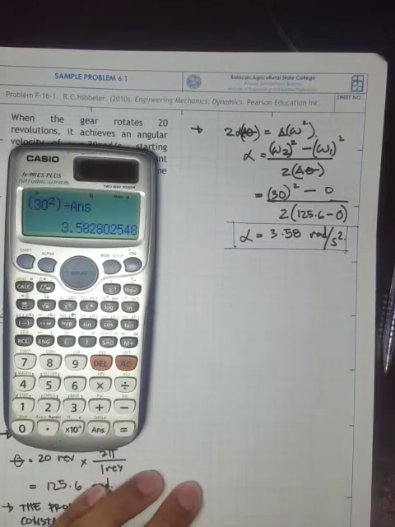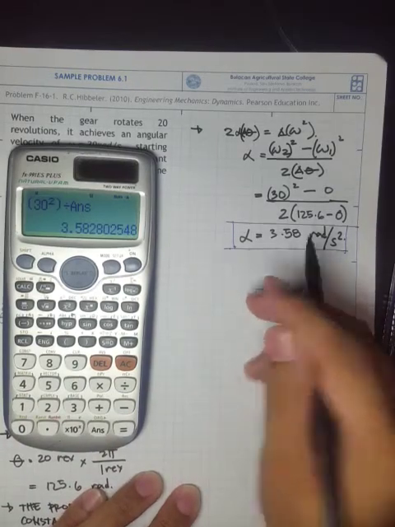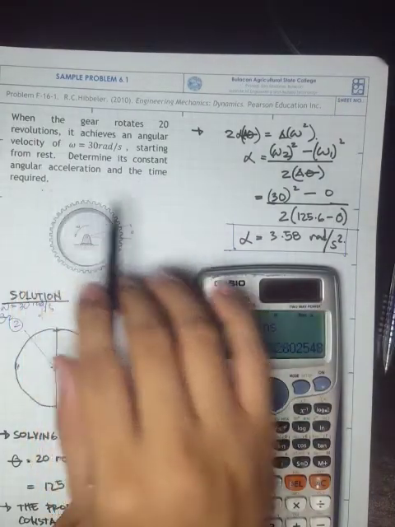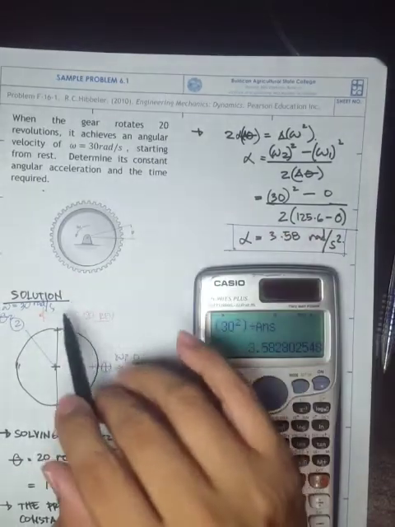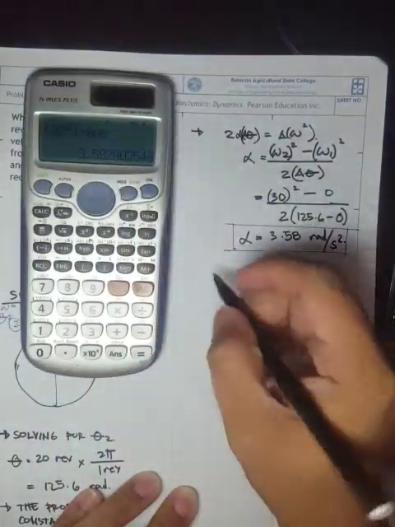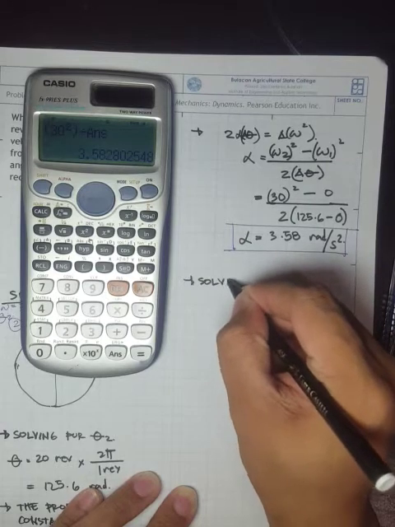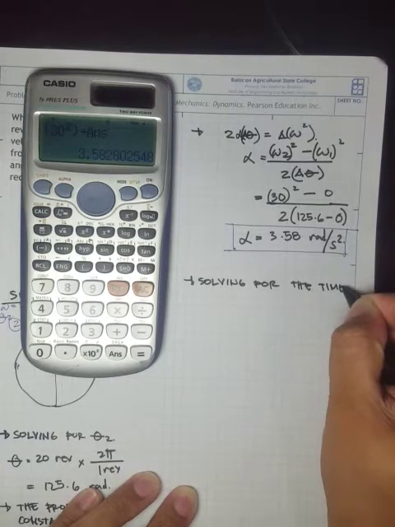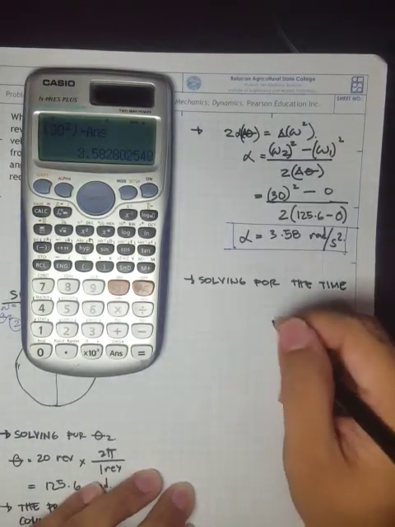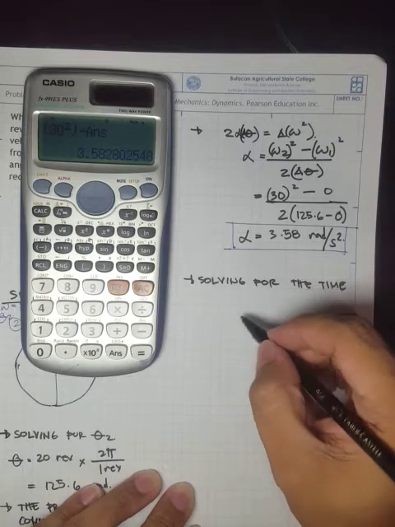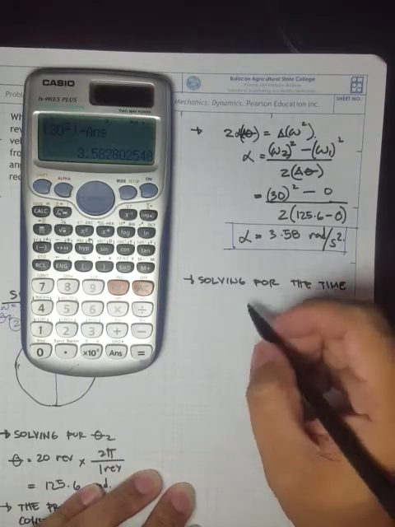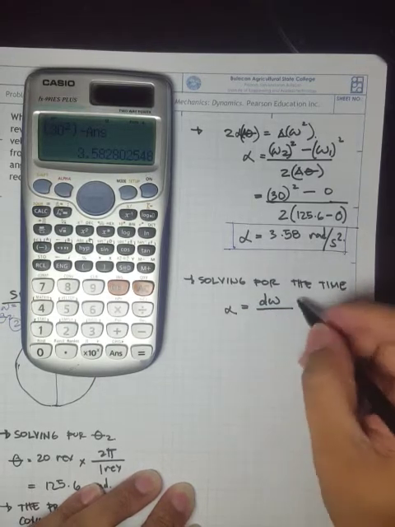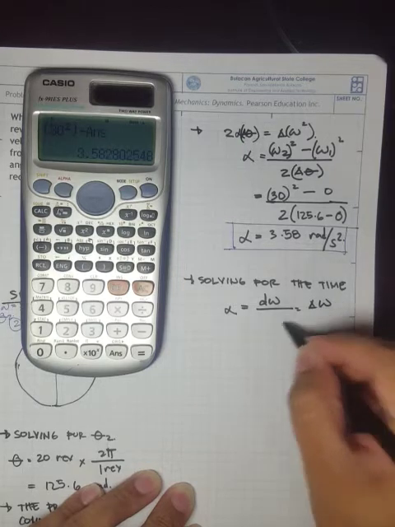Alright, so the next thing is we are asked to solve for the time, the time required to achieve the 30 radians per second angular velocity. So the equation that we'll be needing is this, or we'll just use the average one, it's okay.